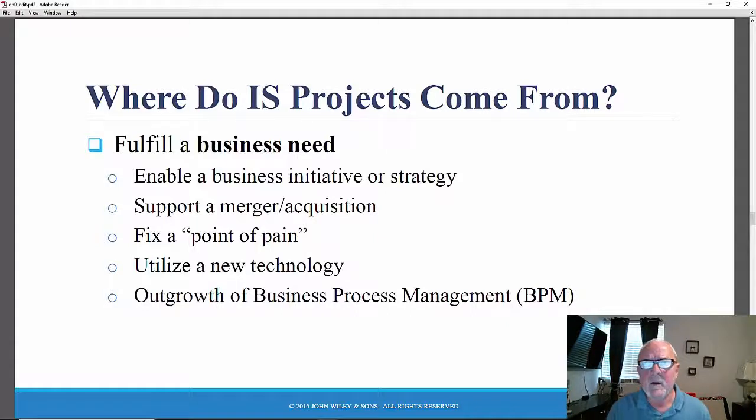A bad thing, perhaps you see some sort of shortfall in some of the business activities that can be fixed with an information system.